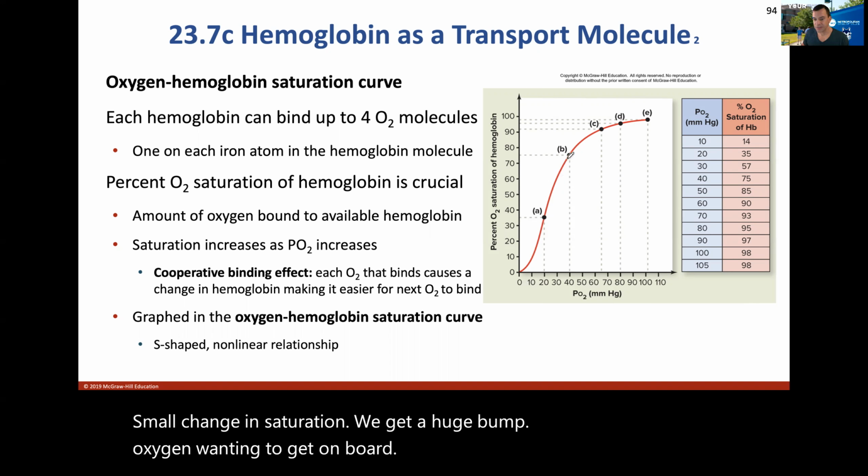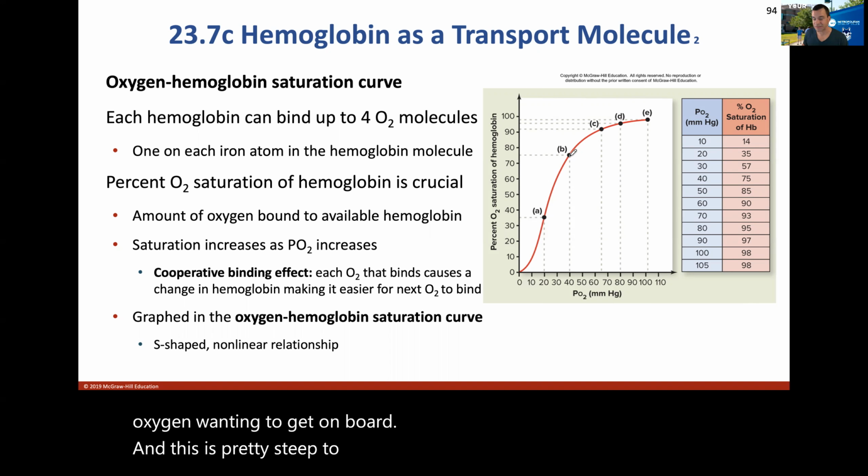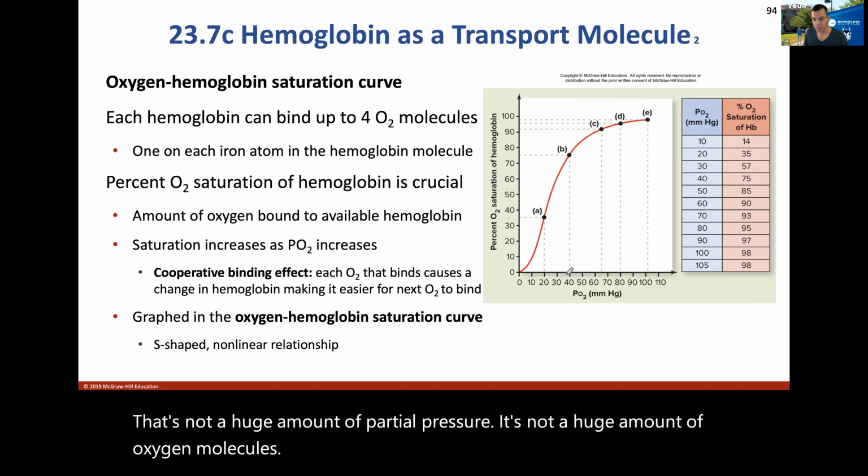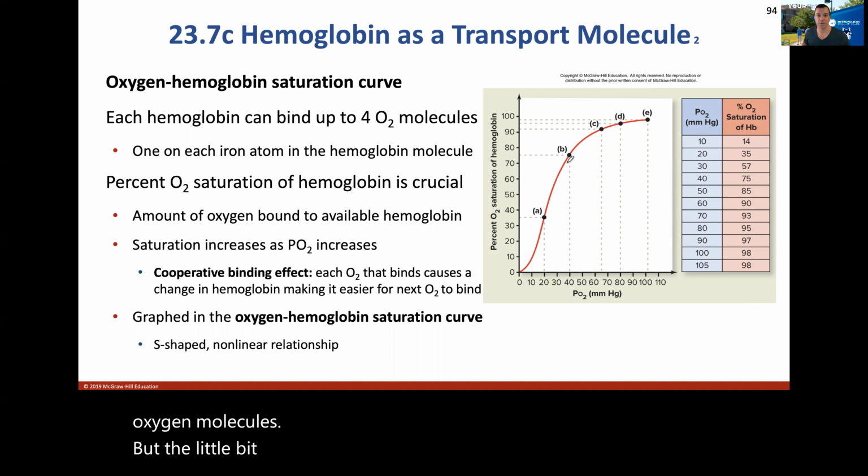And this is pretty steep to about 75% saturation. That's not a huge amount of partial pressure. That's not a huge amount of oxygen molecules. But the little bit that's there, boom, easily binds up.